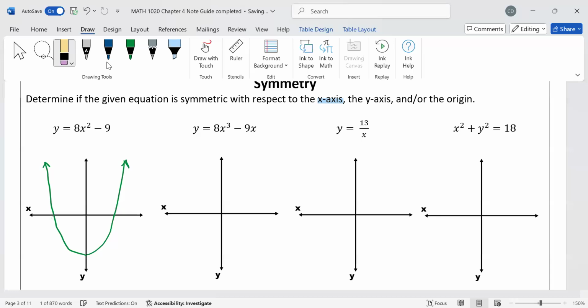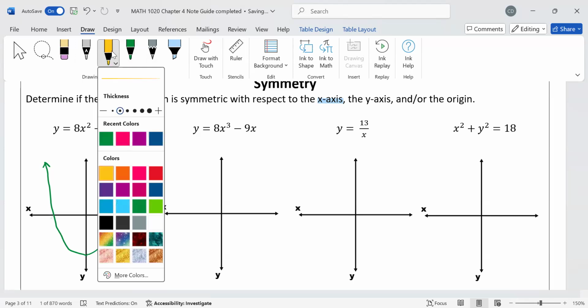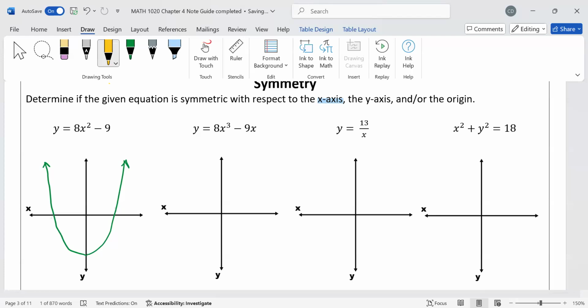All right, let me change my color real quick. It's going to be helpful. I'll look at y-axis symmetry. If I fold it on the y-axis, it's going to fold on top of itself. It's a mirror image. So this is an example of y-axis symmetry.